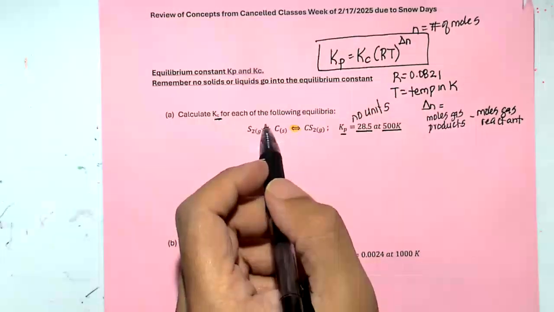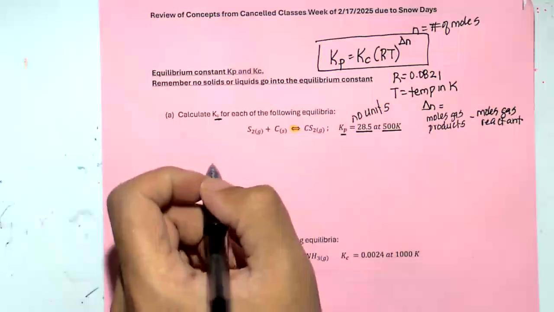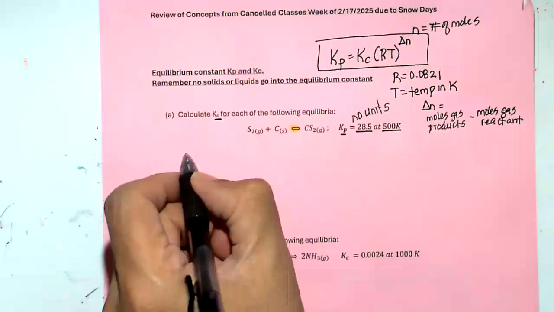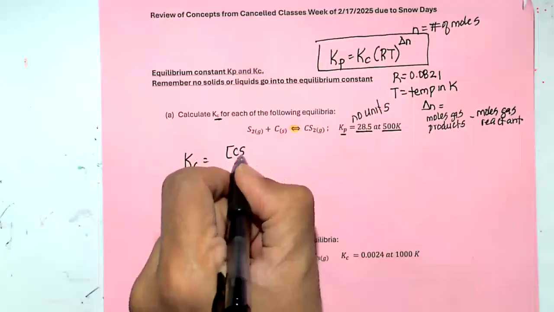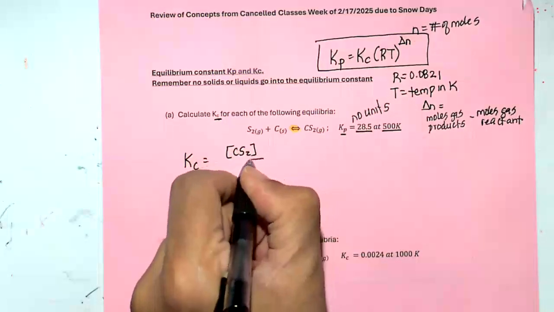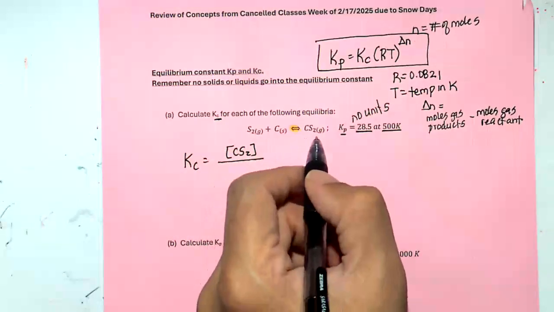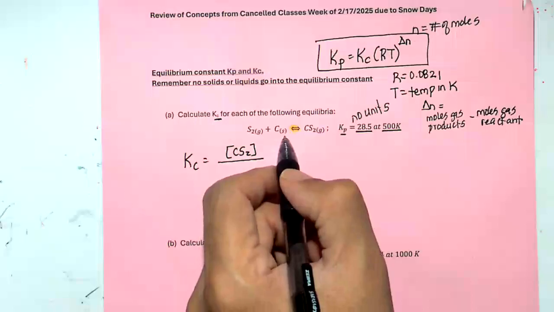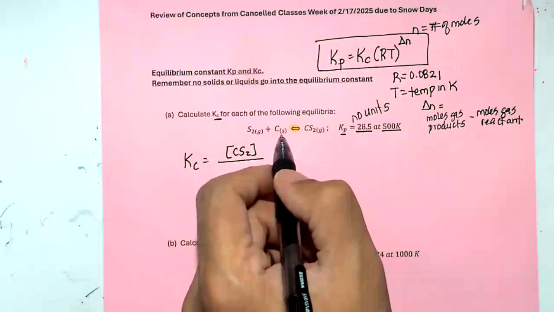All right, calculate Kc for this equilibrium. So what is Kc here? It's going to be the concentration of CS2 divided by, am I going to put products over reactants? Am I going to put this carbon here? Yes or no? It's an important question.